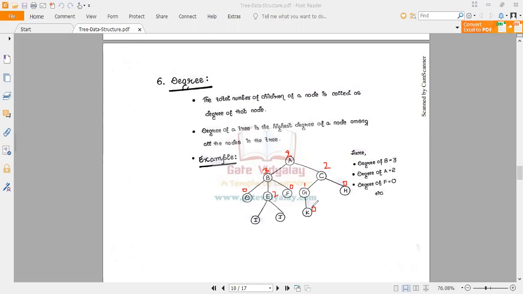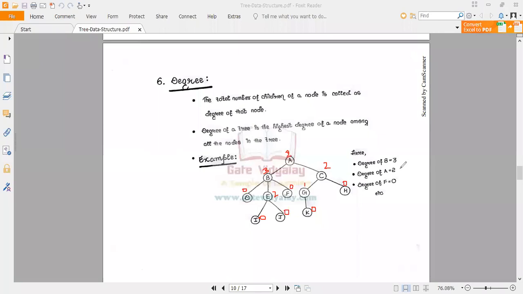So these are the degrees of nodes. And likewise, I and J again have 0 degree because there is no child node to I and J. As of now, if any doubt is there, you can ask. Let's move on.